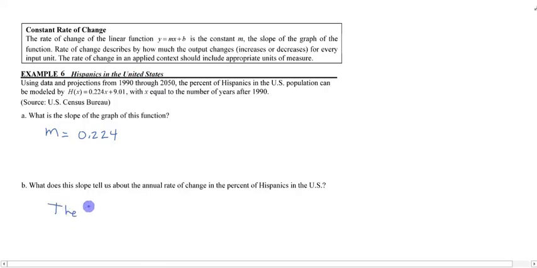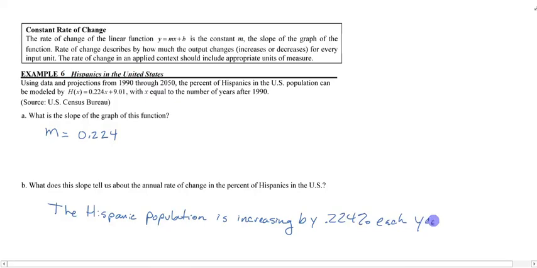So the Hispanic population is increasing by 0.224% each year.